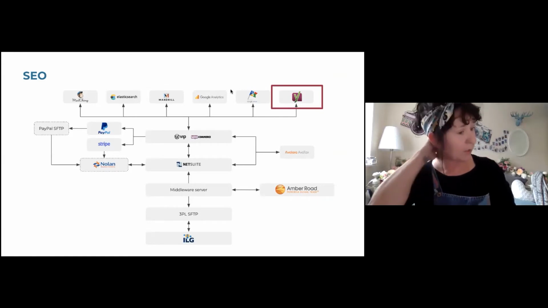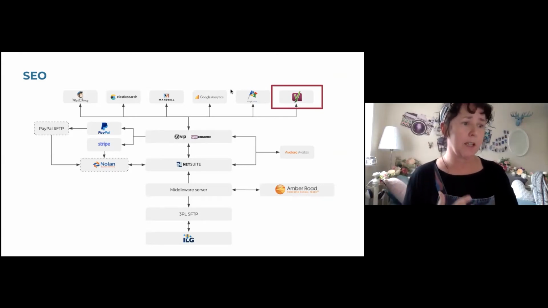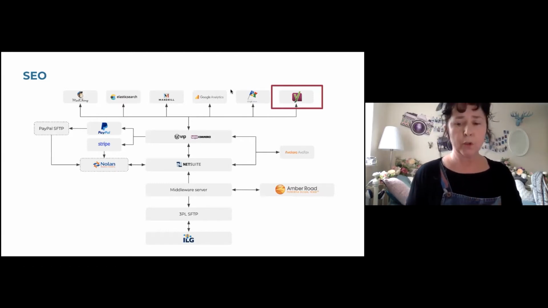For international sites, getting the technical SEO in place is key. For OKdo, we've used a combination of Multilingual Press and Yoast to help optimize that technical SEO. So now when people search for products, not only do they arrive in the search results, but when they click through, they go to the correct site for their region.